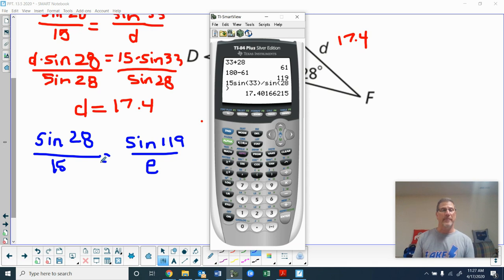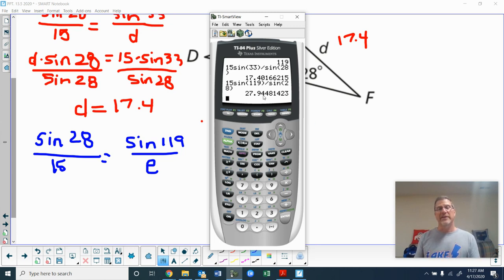I'm just going to do it: 15 times the sine of 119. 15 sine 119. Close it off. Divided by sine of 28. Close it off. And 27.9. We don't have to round it up because it's a 4 after.